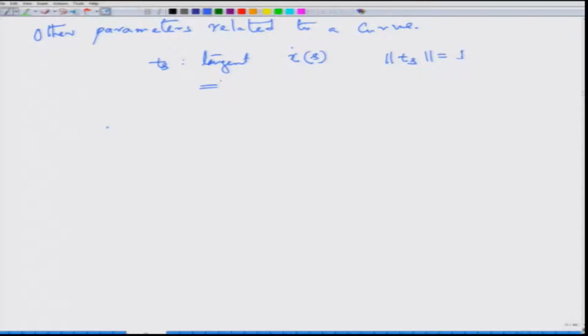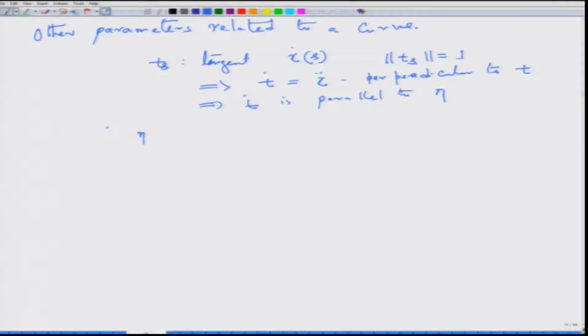That would tell you that T dot, which is gamma double dot, is perpendicular to T. So, that will imply T dot is parallel to eta.